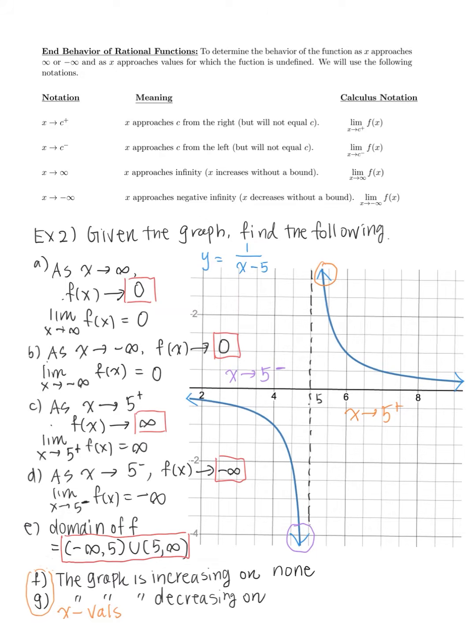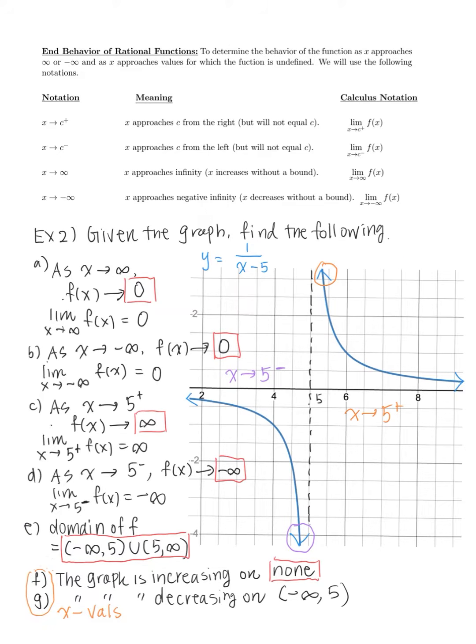Okay, now let's talk about the decreasing portion here. So let me just go like this again. If I look at the graph from left to right, do you see that this whole thing, this curve on the left-hand side of the vertical asymptote, is certainly decreasing. So where is it decreasing from? Those are x values, so you're going to have to go from negative infinity all the way up to 5, but 5 is not included. Now, let's take a look at this graph over here.